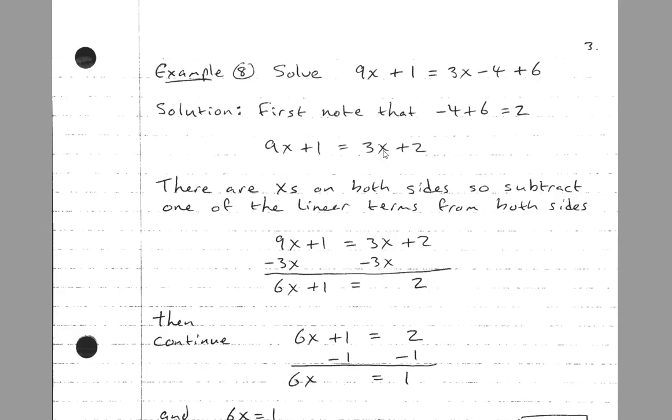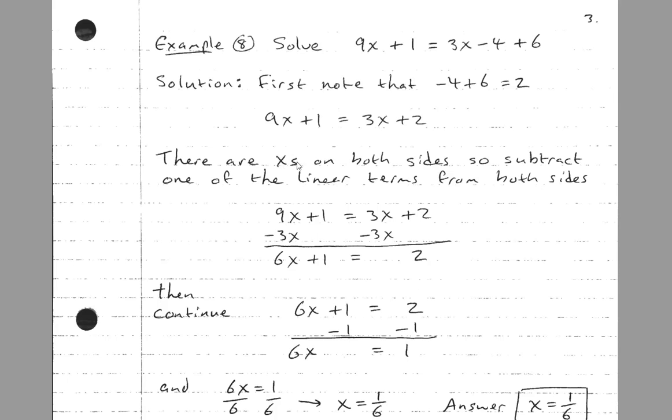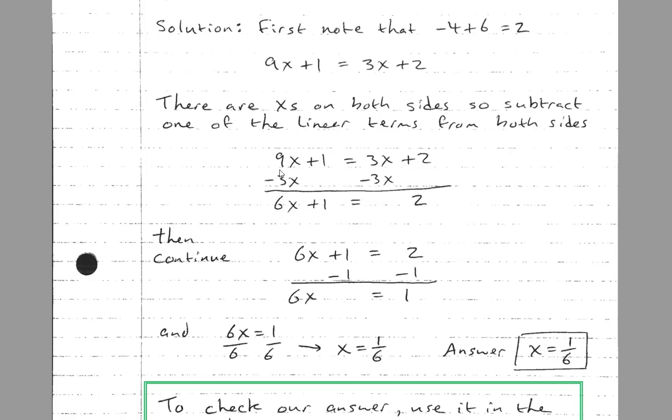We don't know what x is, but whatever it is, we can subtract 3x from both sides. So 3x minus 3x is 0x. 9x minus 3x is 9 minus 3 quantity times x. So that's 6x.